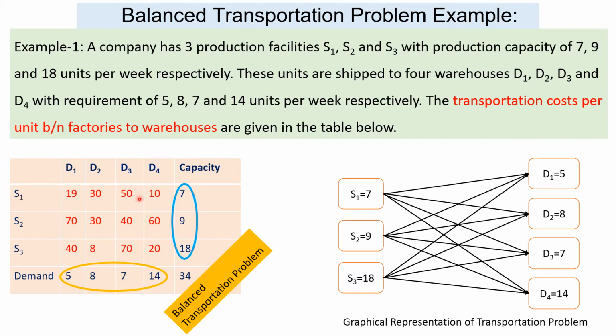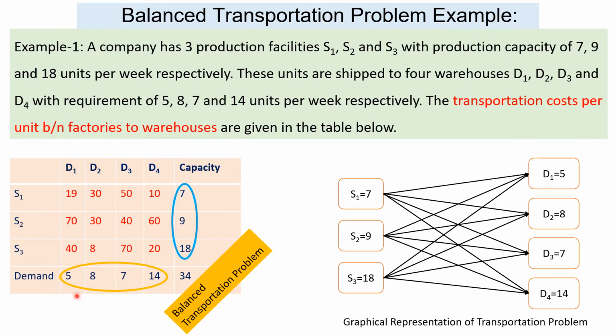From S1 to D3, it takes $50. From S1 to D4, it takes $10. The maximum capacity of S1 is 7, and the same is true for the remaining. For example, 70 is the per unit cost to transport a single item from S2 to D1, and the capacity of S2 is 9, and the capacity of S3 is 18. And this row shows the demand of each warehouse.